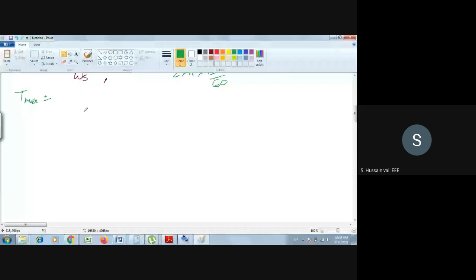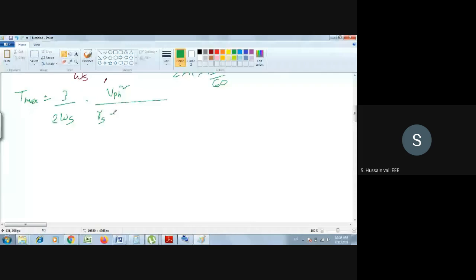I'm sure you may get there. 3 by 2 omega s, and then the equation here, 3 into I phase square... Rs square plus Xs plus X2 dash whole square.